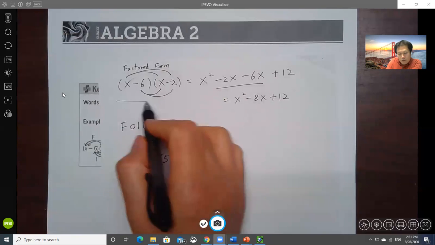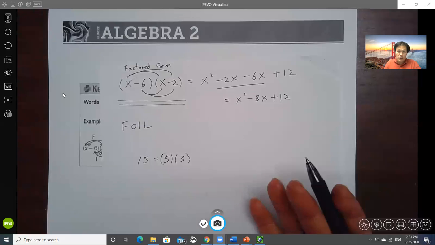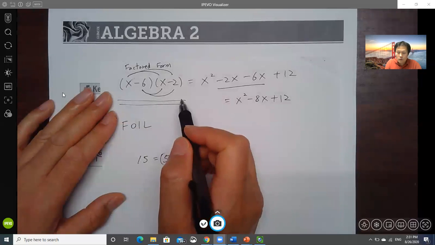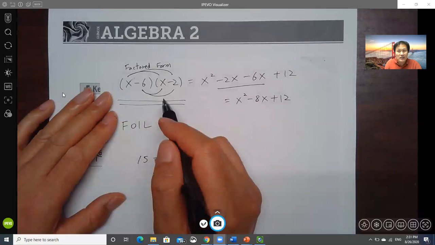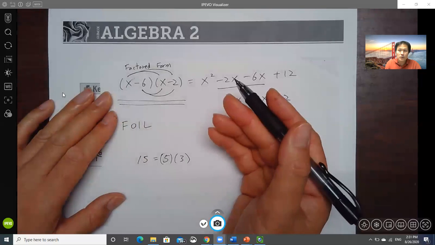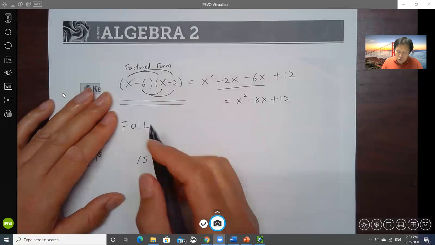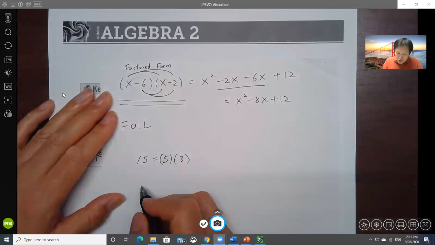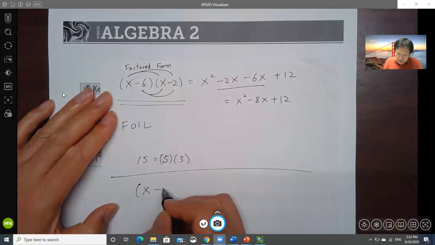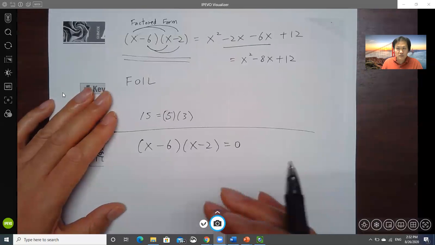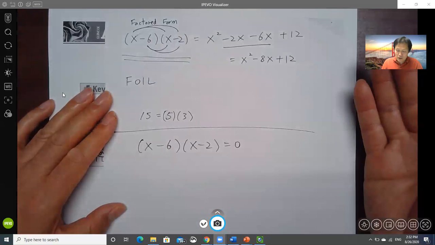So factored form has some advantage. What is factored form good for? Factored form is good for finding x-intercepts, solutions, roots, all the same word. How? You let each factor equal 0. x minus 6 equals 0, x minus 2 equals 0. This concept is coming later, by the way.